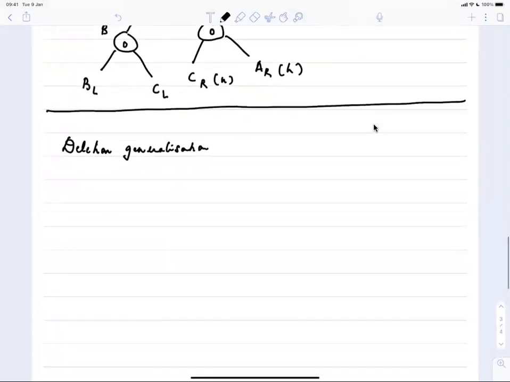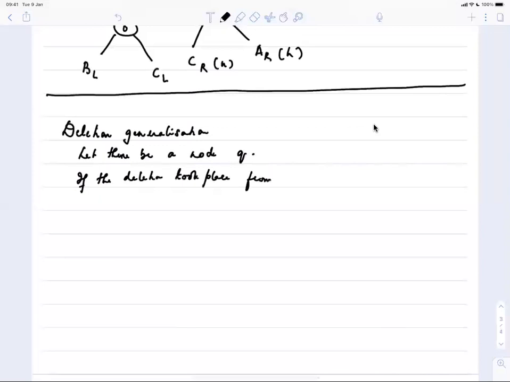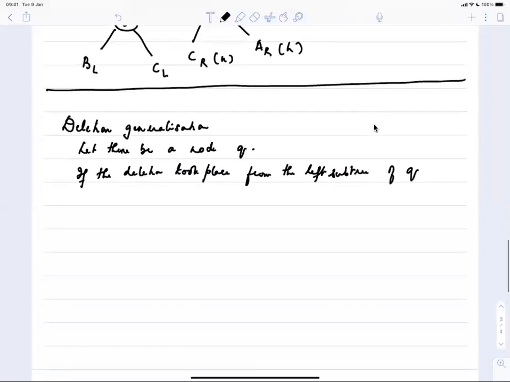So just as we characterized insertion, let there be a node Q. If the deletion took place from the left subtree of Q, bf of Q decreased by 1.